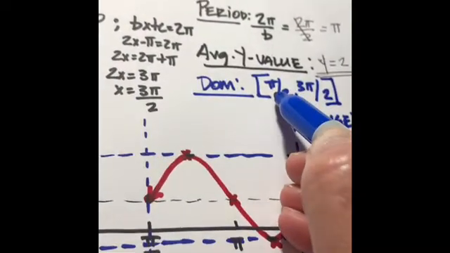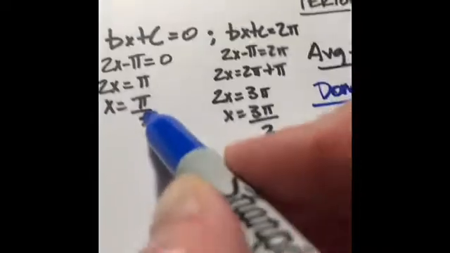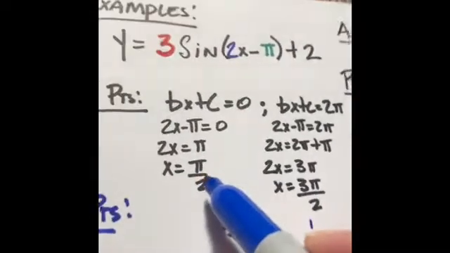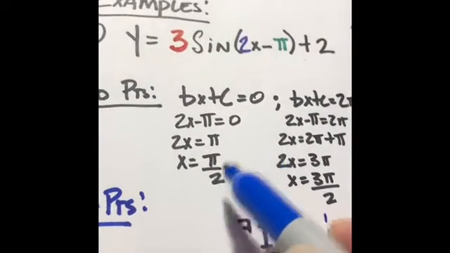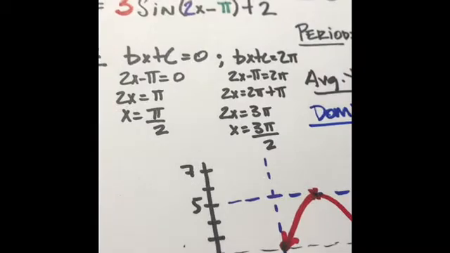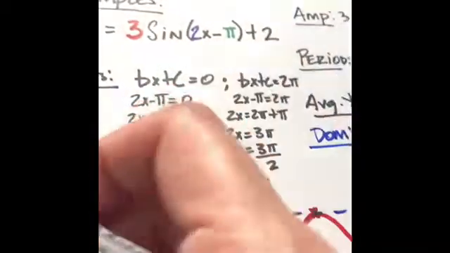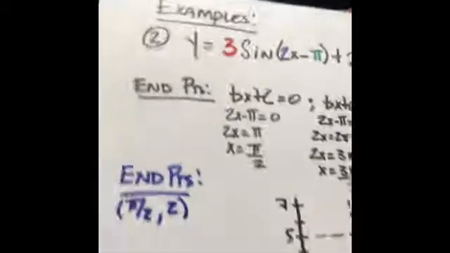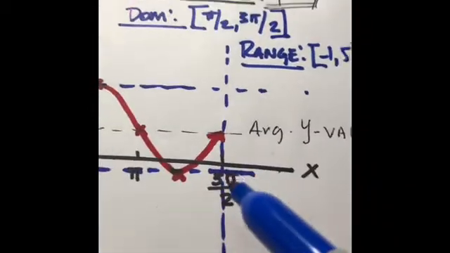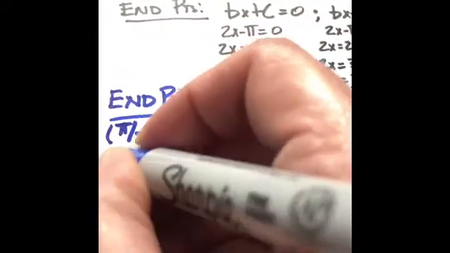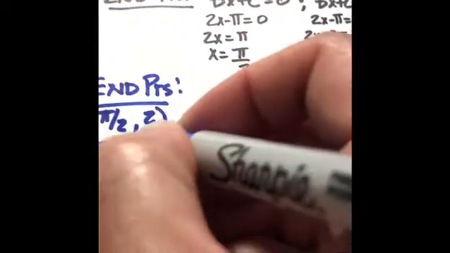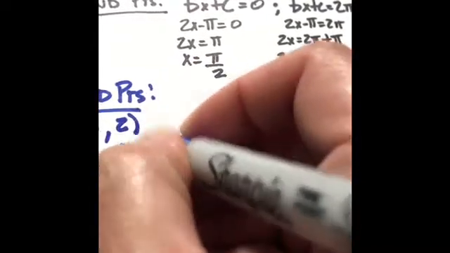This value of the domain, pi over 2, or this x value in the bx plus c formula. So one of the endpoints is pi over 2 at 2 in y, so it would be pi over 2, comma 2. And the other endpoint is going to be 3 pi over 2 at 2 also. And the endpoints are there.